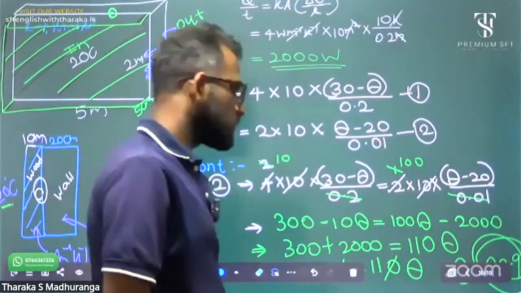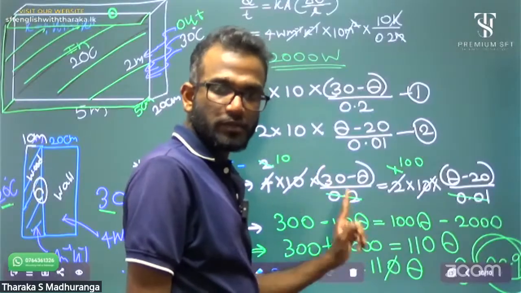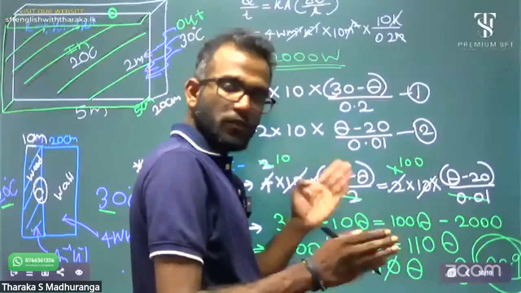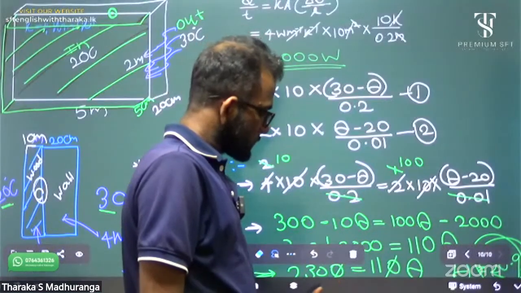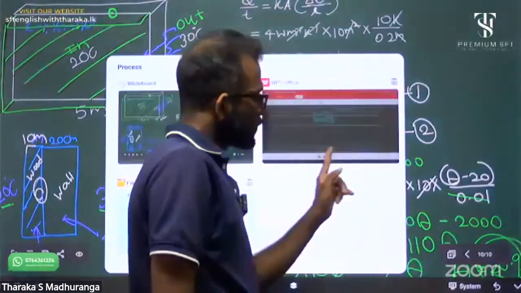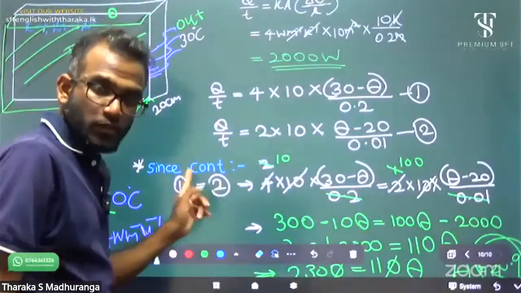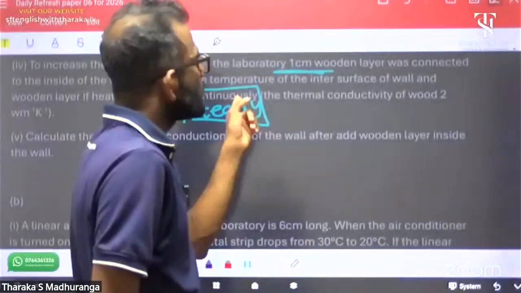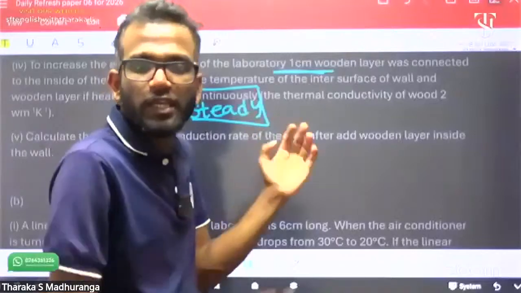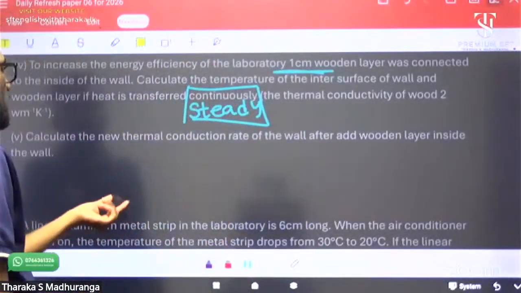Okay, let's move into the next part. This kind of question is likely to come this time. Double wall conduction questions. How can you equalize these two equations? If the question gives the word steady or continuous, you can equate them and find the intersurface temperature. Right.